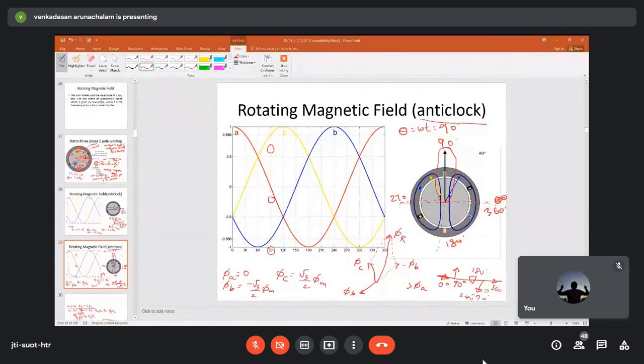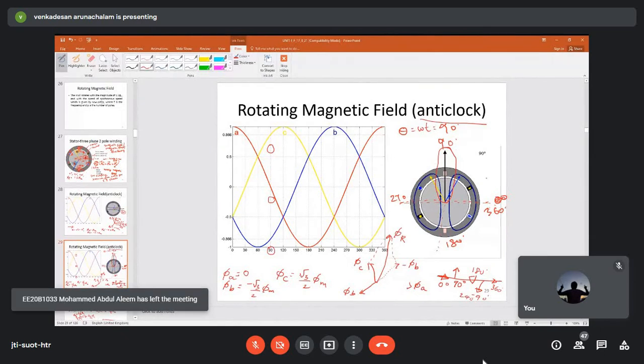Here we are assuming the resultant flux is moving in anti-clockwise direction. Any direction you can take, but I am taking anti-clockwise direction because this is 0 degree and I am taking this as 90 degree. It means the vector is rotating in anti-clockwise direction.